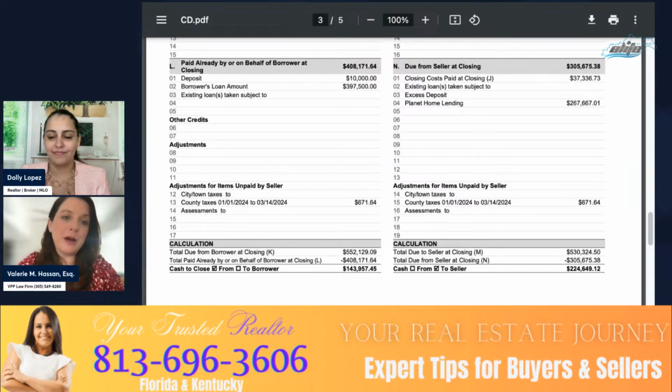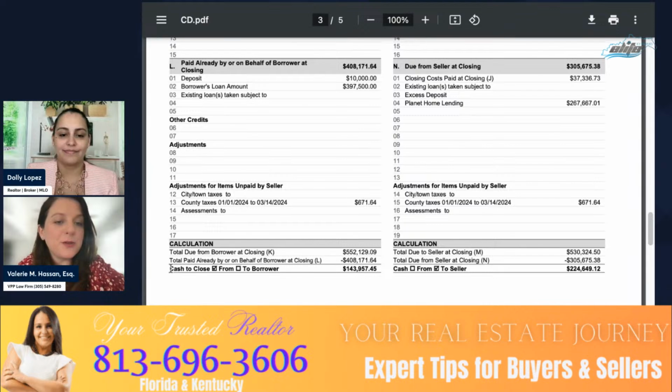And then the full loan amount, because that's money that's being given to you in order to go ahead and purchase this property, which is why on the very bottom, you'll see cash to close, and then a little check mark that says from borrower. And then now we know exactly the money you need to bring as a buyer to the closing table in order to make sure that this closing goes through.